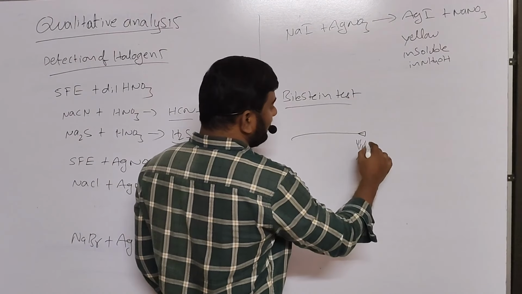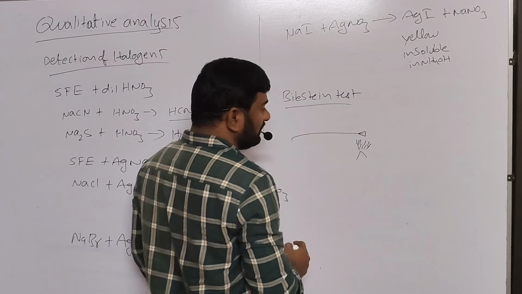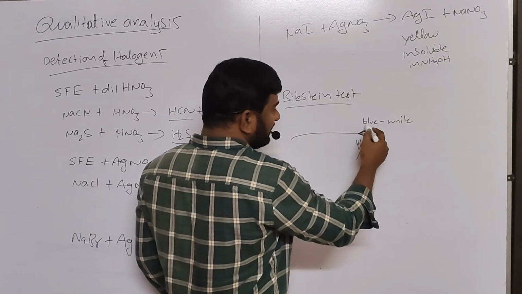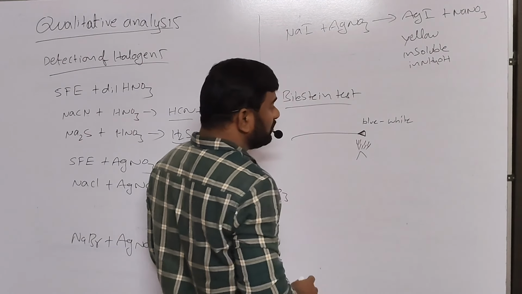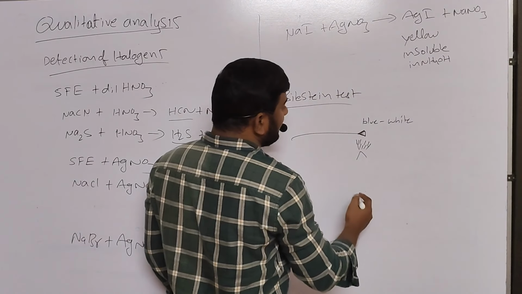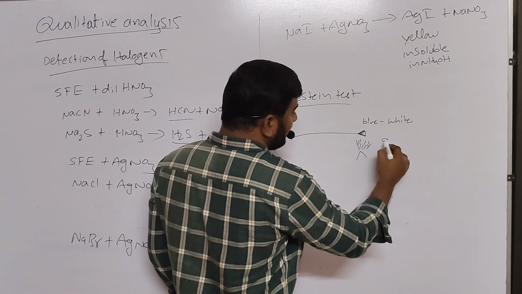Initially it will give blue color, so we have to heat until it gives a white flame. Later, this end you have to dip in the organic compound.